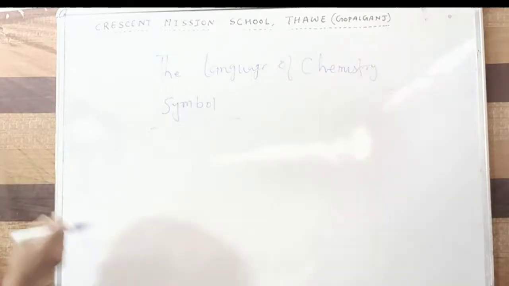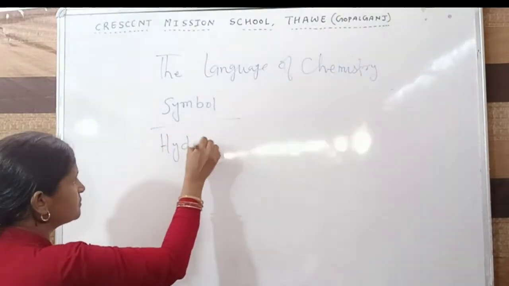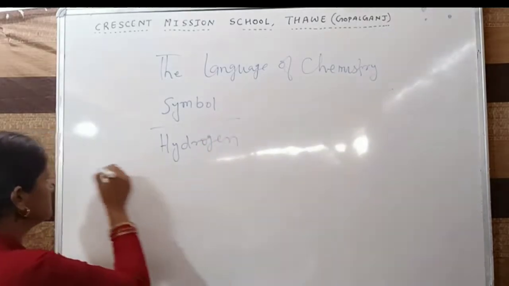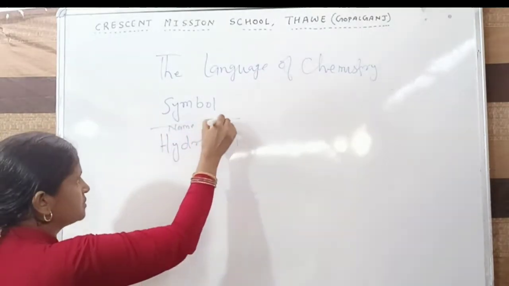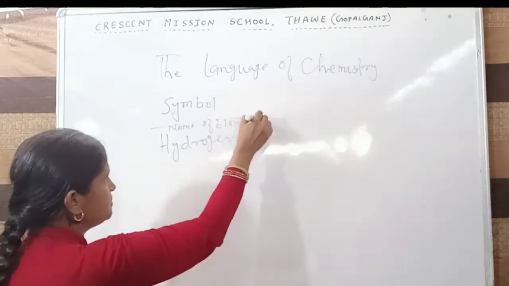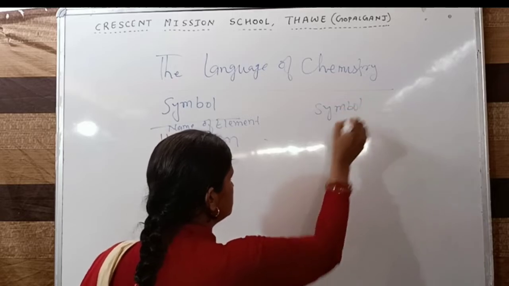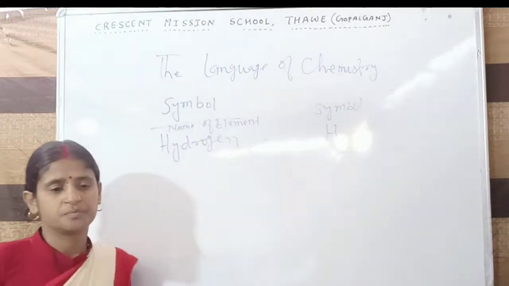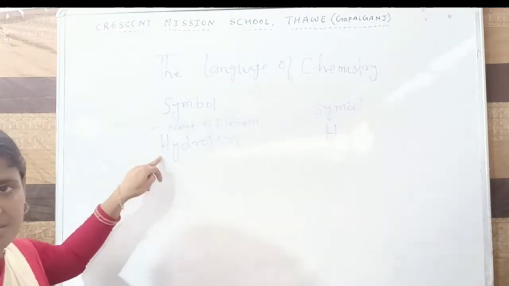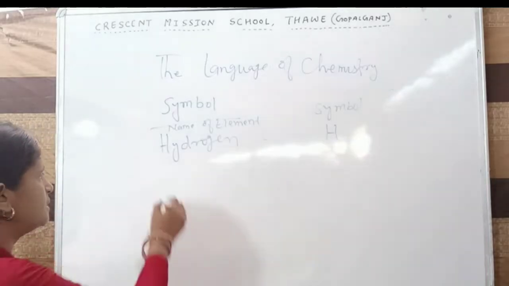First, hydrogen. It is the name of an element. Hydrogen is an element, and its symbol is H. Its first letter is H, so its symbol is also H. Second, boron.